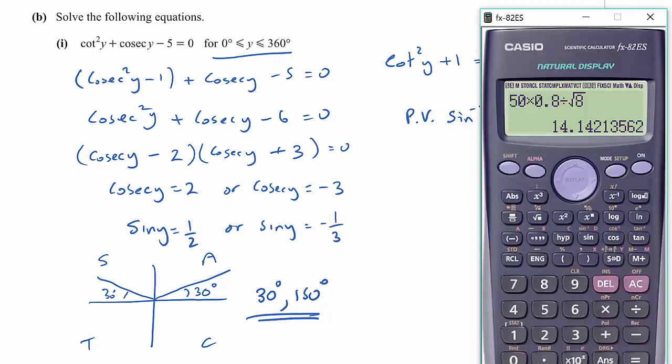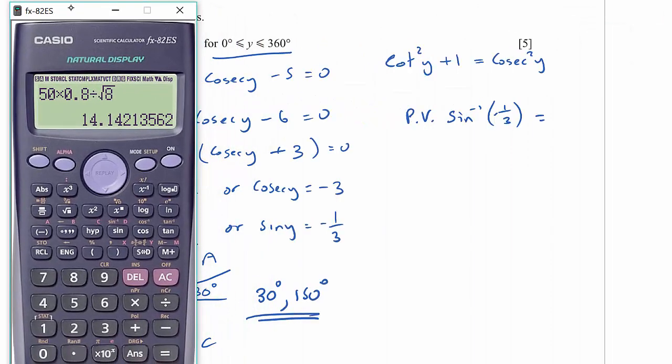Let's see what that comes to. I just need to make sure my calculator is in degrees. I think it is. I think I used it for degrees last, but just to be sure. So inverse sine of negative 1/3.